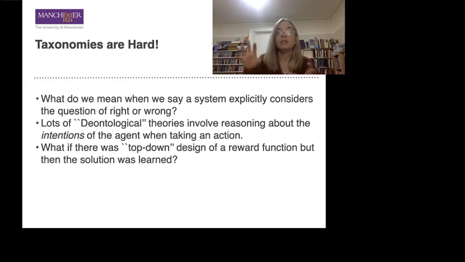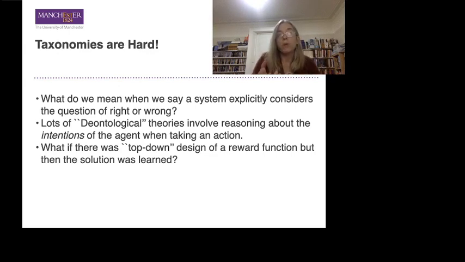So again, these are useful ways to think about things, but they aren't necessarily useful if you're trying to assume these are mutually exclusive categories and everything must fit into exactly one of them and not in any of the others. And similarly, I was saying that we tend to say that a bottom-up system is one that's using a machine learning approach, but what if there was a top-down design of the reward function because you were trying to capture some quite specific ethical outcomes and you had to think your way through them?